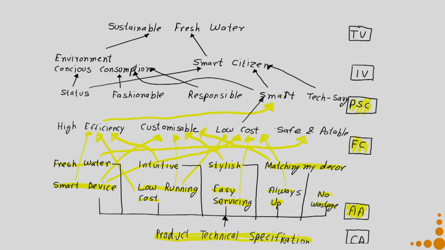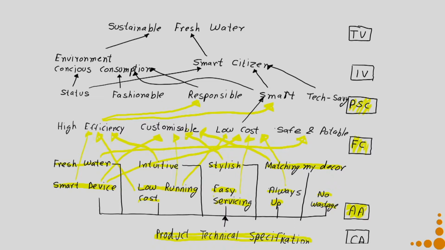Do they make sense? Or low running cost, which leads to high efficiency, makes sense to connect it to responsible behavior? Or is it low running cost, high efficiency, connected to status? No, it is not connected to status. Okay, I have connected my high efficiency to intuitiveness also, which also can get connected to smart.